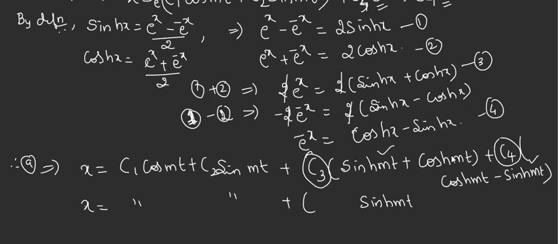Just see, these two are marked terms. sinh mt, if I take common, I'll get C3, and from here actually minus C4. Correct? C3 minus C4. Next, in these two terms, what is common? cosh mt, if you take common, what will we get?